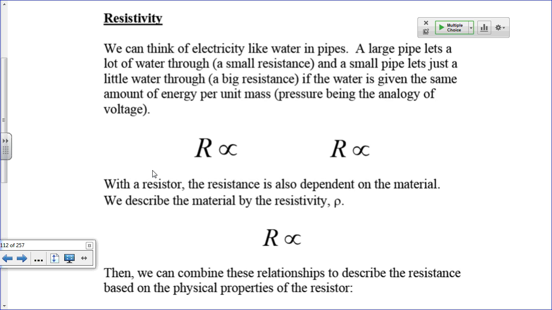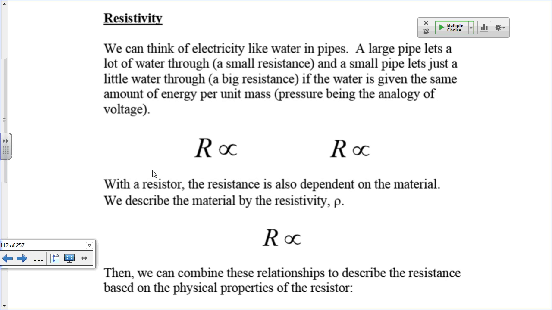So when we think about water flowing in pipes, we can think about the resistance that those pipes will give to the water flowing through them, as far as the geometry of the pipe, and electricity acts in much the same way. So let's think about how it depends upon the length of your pipe, or your resistor, and also the cross-sectional area of your pipe.